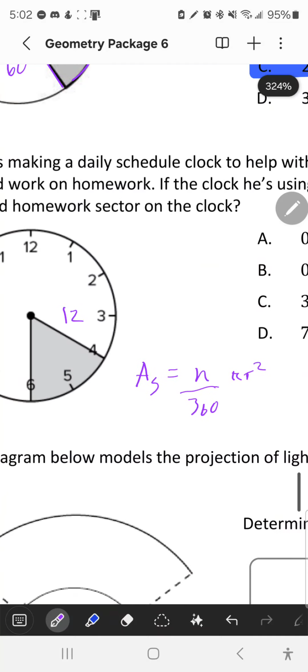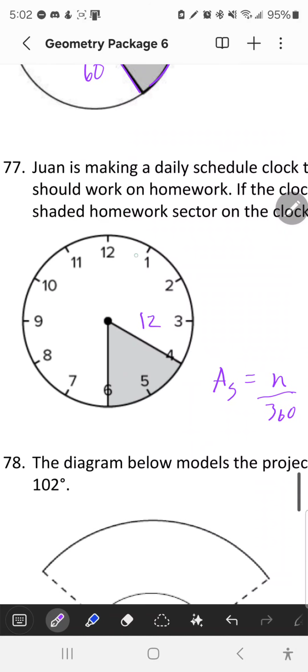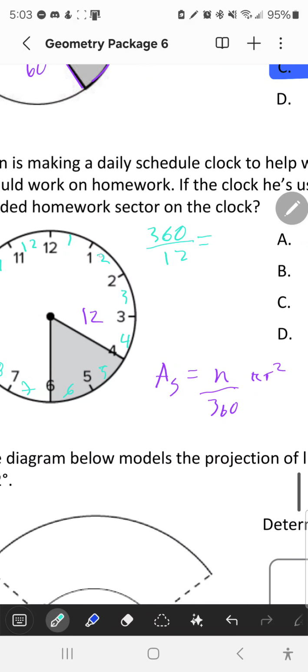Now, we don't know the angle. However, this is a clock. This is divided in equal parts. So this will be 1, 2, 3, 4, 5, 6, 7, 8, 9, 10, 11, and 12. There are 12 spaces that are equal. So if I do 360 divided by 12, I will get the value of each part, and this is going to be equal to 30.